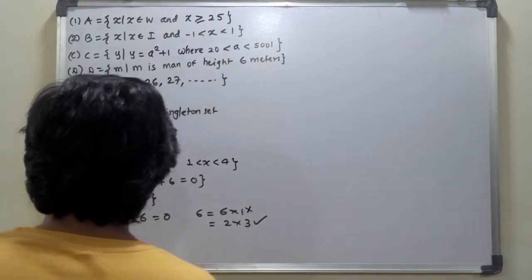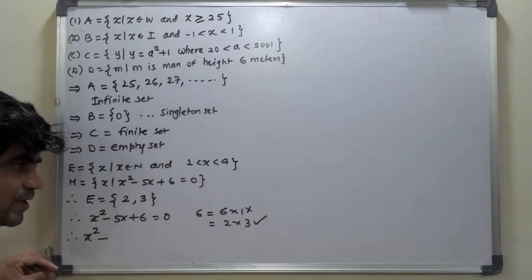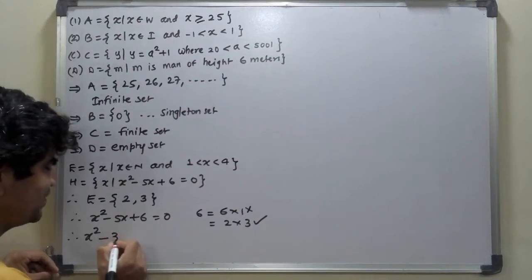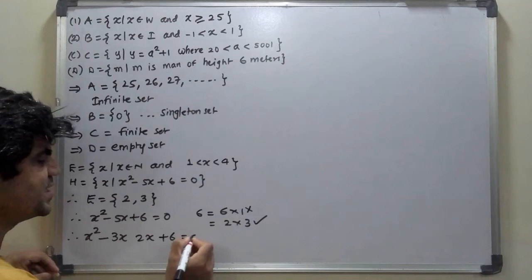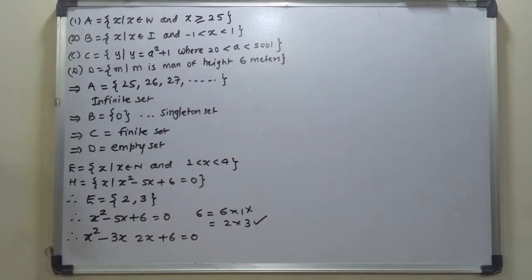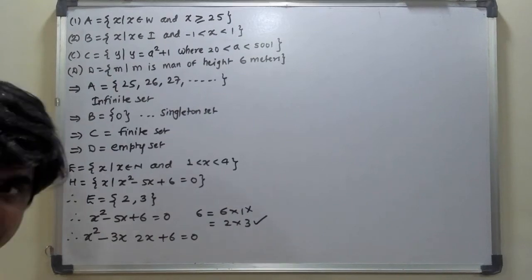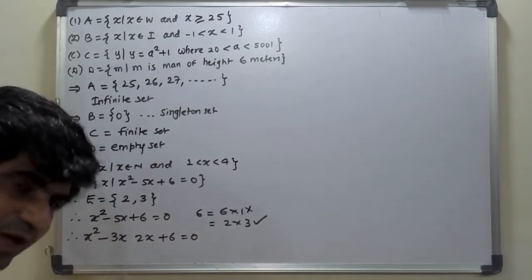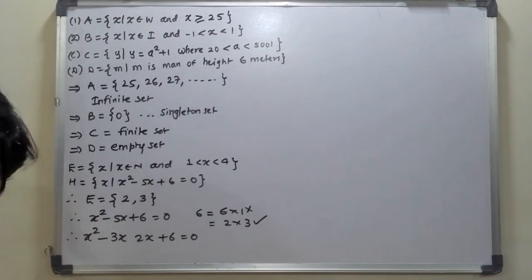Okay. So now what you will do here is x square. Give the middle sign. There are two factors 2 and 3. Which is bigger one? That is 3. Write it. Then the smaller factor, don't give the sign. Plus 6 is equal to 0. Agreed? Now you are going to add, yes or no? If you are adding, then obviously whatever sign is here, the same sign continues further.